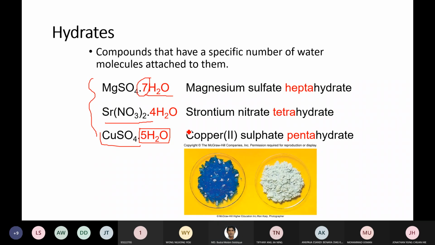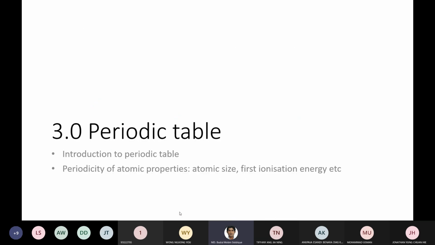From this photo, we can see the copper sulfate with the water, and this one is dry, so it does not have water molecules attached to it, it's just copper sulfate. But here there are water molecules, so it is very powdery. How do you call it, crystal, and the color is also different.